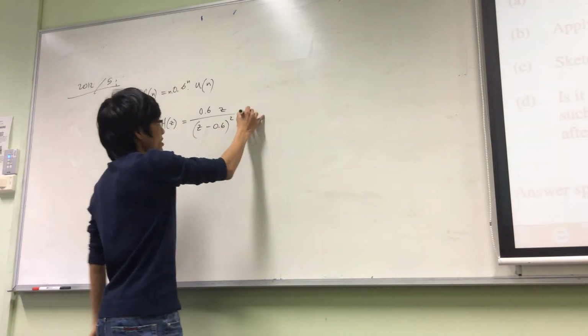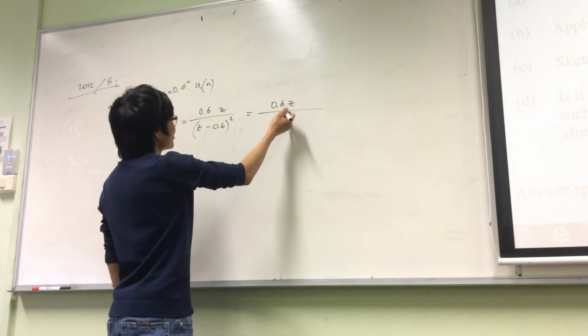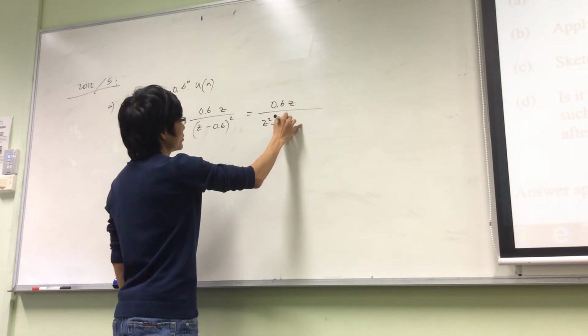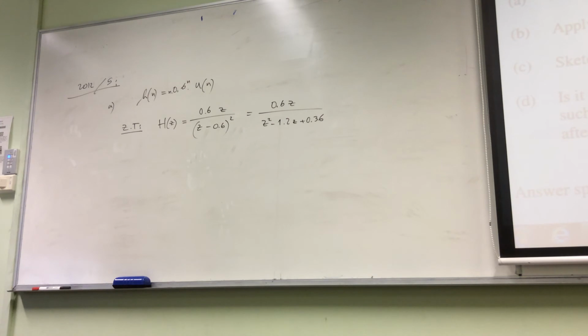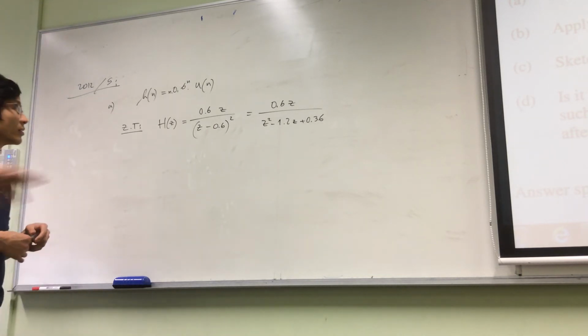Like the coefficients: 0.6z over z squared minus 1.2z plus 0.36.